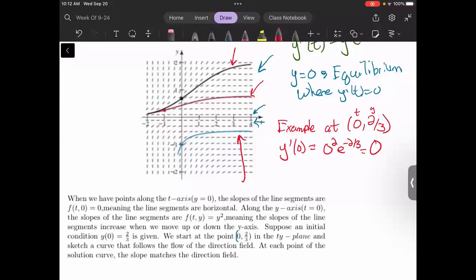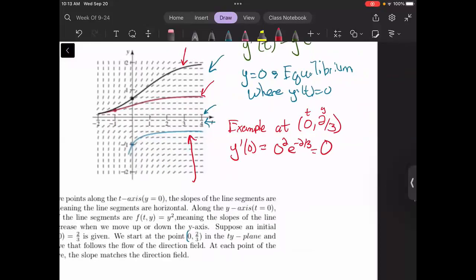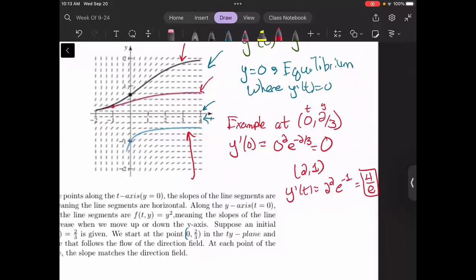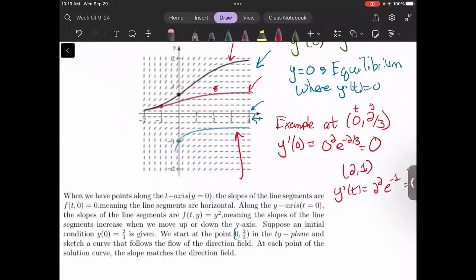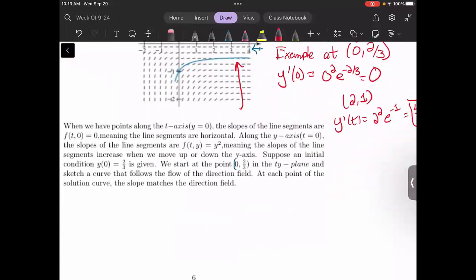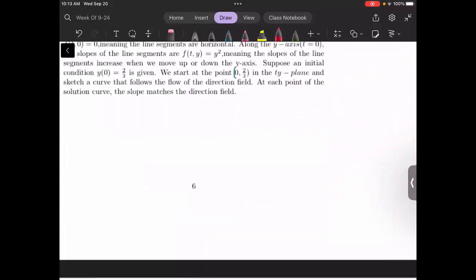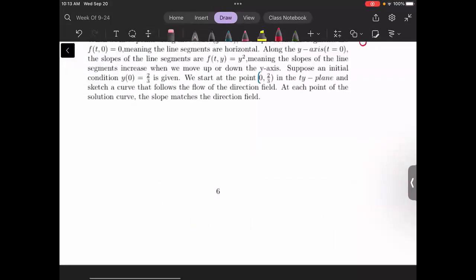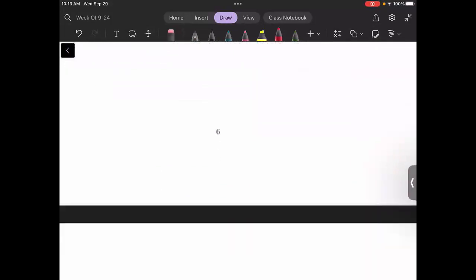If I pick another point, let's say (2, 1), then that derivative is equal to 2 squared times e to the minus 1, which is 4 over e. So this will be the slope of the tangent line at the point (2, 1), about here. So dy/dt equals f of t, y indicates the slope of the tangent line passing through that point (t, y).